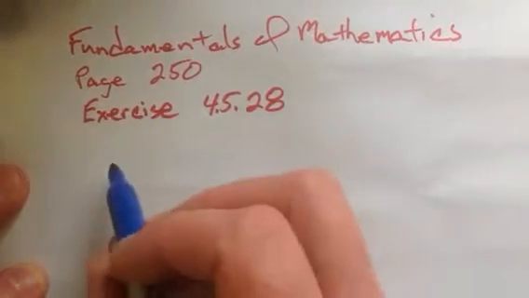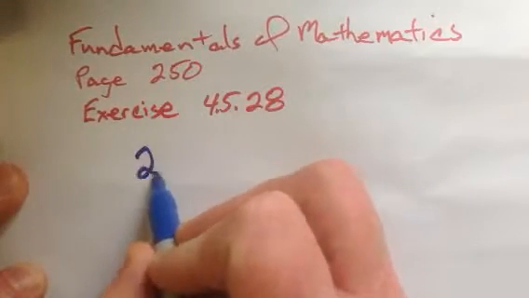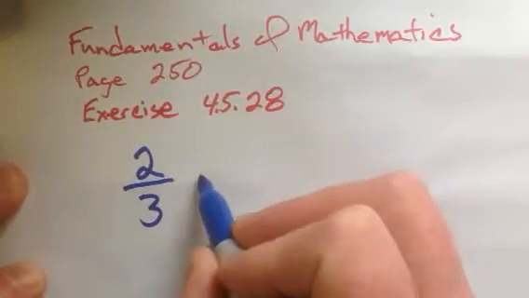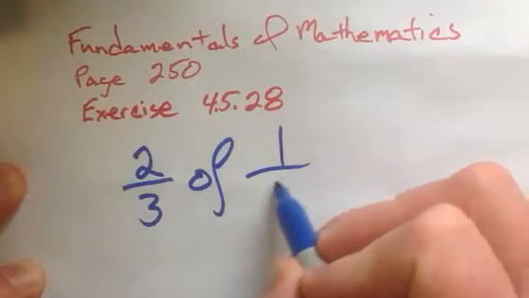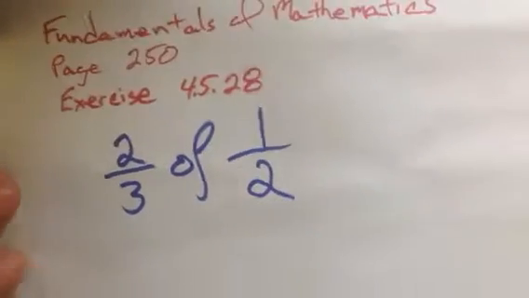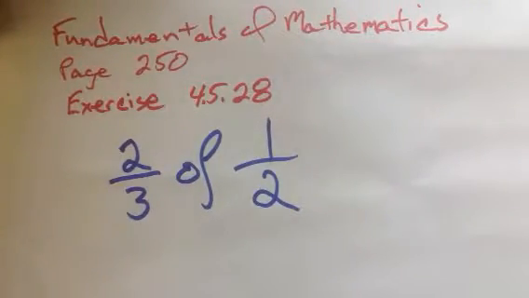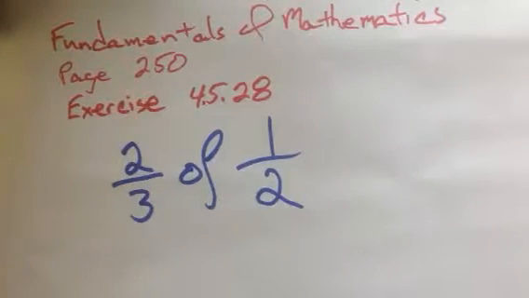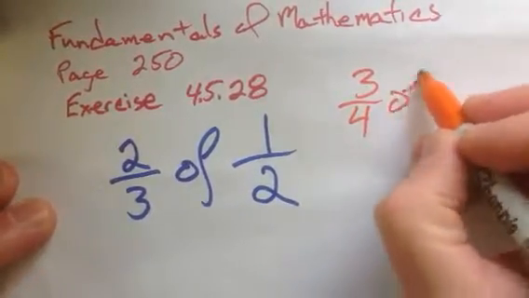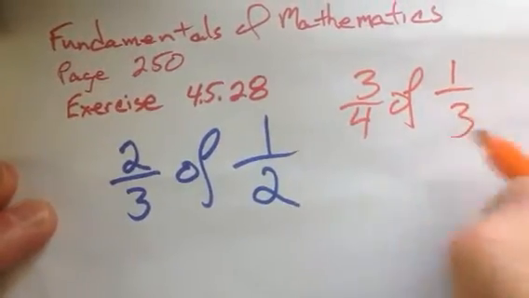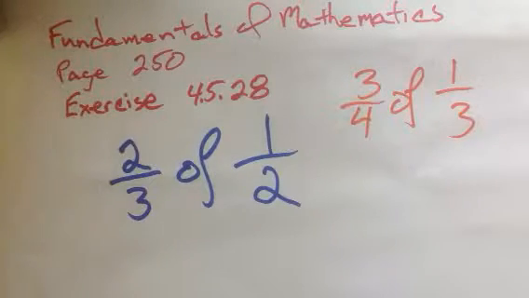So let's just take 2/3 of 1/2. The actual problem in the book is 3/4 of 1/3, and you'd be able to take a look at that.